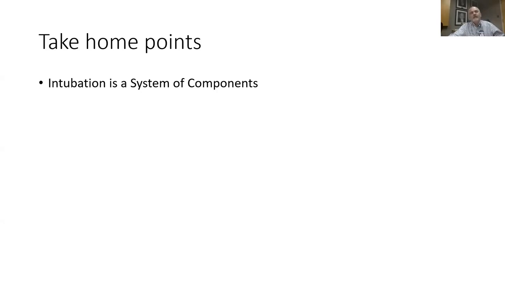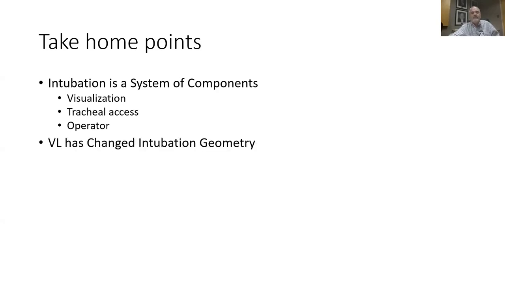When we just say failed with VL, I don't know what, that's like when my wife says, be nicer to me. If she can define nice, I can do it. If she can't define nice, it's really hard for me. So visualization, tracheal access, or was it an operator problem? Was it a medical student intubating? That's useful information for us.